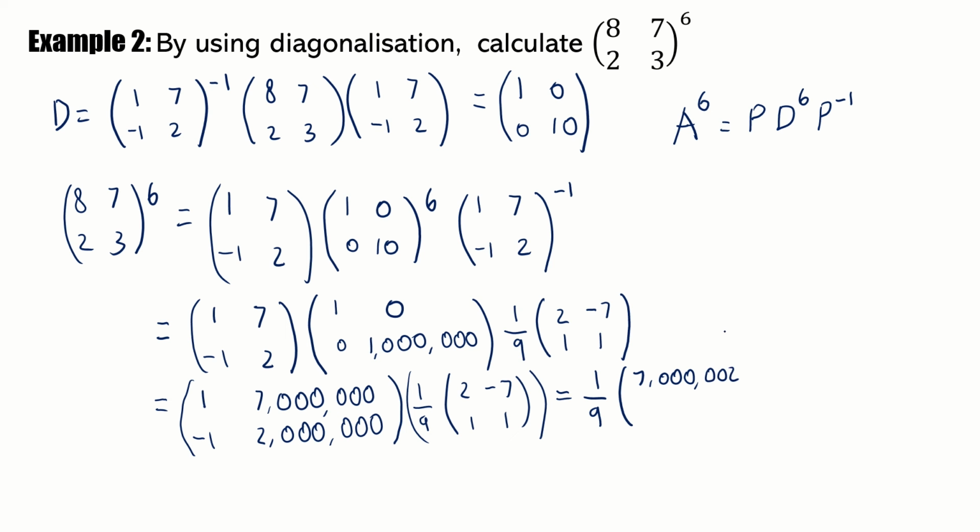We're going to have minus 7 plus 7 million, which is going to be the rather annoying number of 6,999,993. We're going to end up with minus 2 plus 2 million, which is also rather annoying, 1,999,998. And then also 7 plus 2 million, which is 2,000,007.